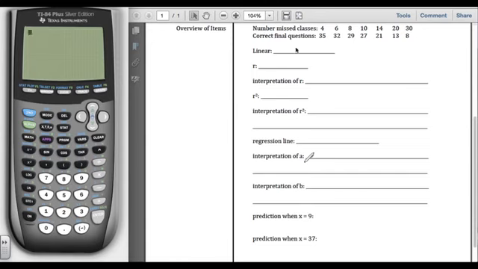The first thing I want to know is, is this data set linear? So I need to get my data into the calculator. Go to stat edit. I'll put the number of missed classes in L1, just going down the list. And I'll put the number of correct final exam questions in L2.